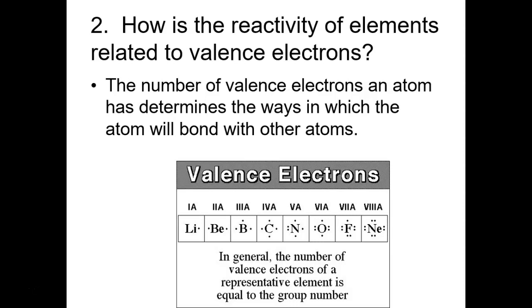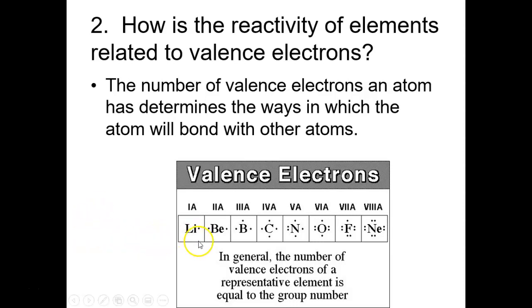So chemical bonding is all about the valence electrons, all right? Understanding that these outermost electrons are what causes chemical bonds to happen is really important.